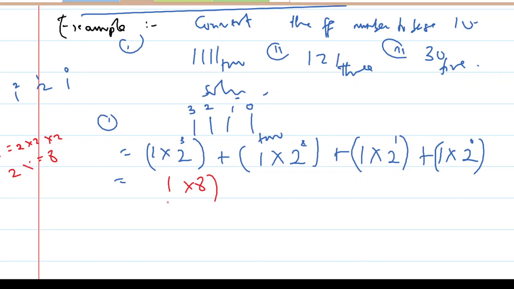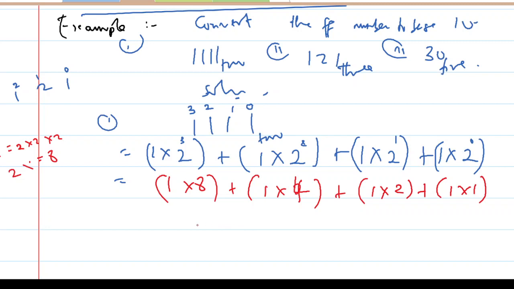Then you have times 8. Then plus 1 times 2 raised to power 2, which means 2 times 2, which gives 4. Then plus 2 raised to power 1, which is 2. Then plus 1 times 2 raised to power 0, which is 1. Any number raised to power 0, with the exception of 0, is 1. When we get to indices, I'm going to explain better.